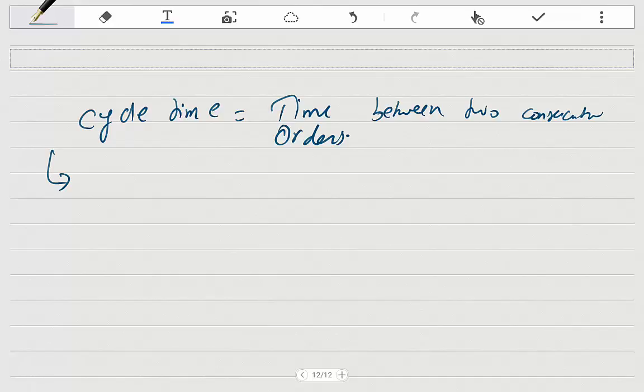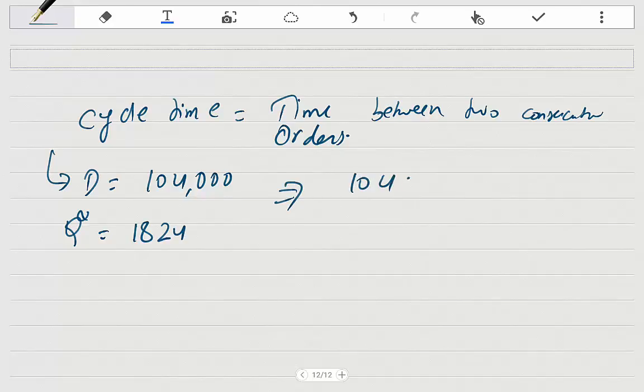We know our annual demand is 104,000. This is our capital D. We know our Q star, our optimal economic order quantity, is 1824. That means in a year we place an order. How many orders do we place?